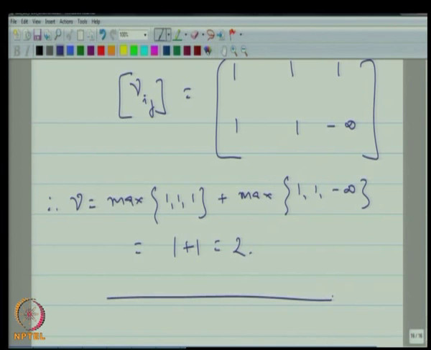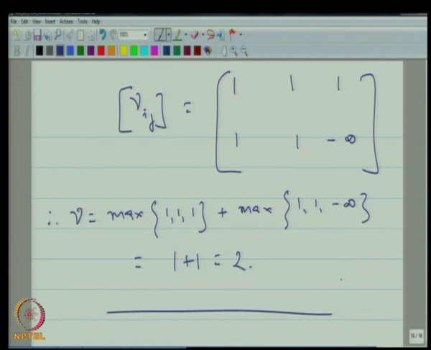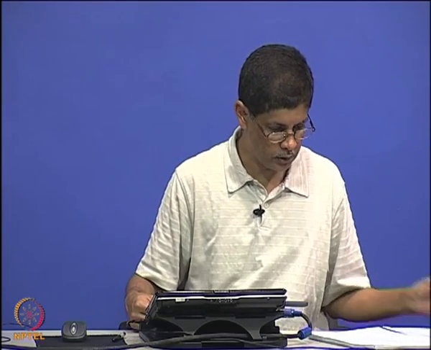So, the memory in the convolutional code is 2. In simple terms, the nu I j is just telling you how many memory units are on each input line, and then you add up all the memory units and you will get the memory of the convolutional code.